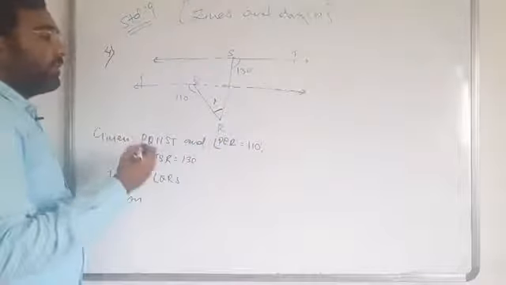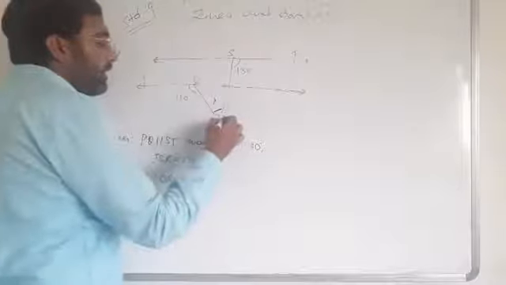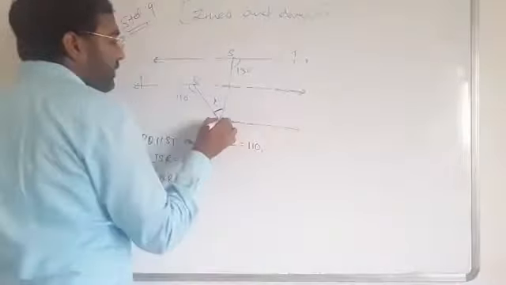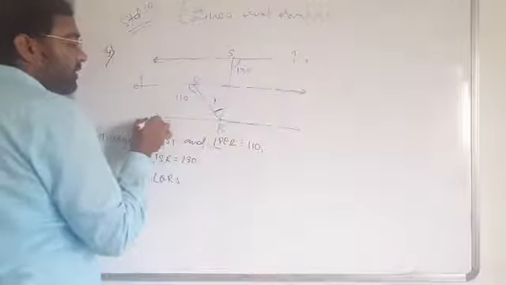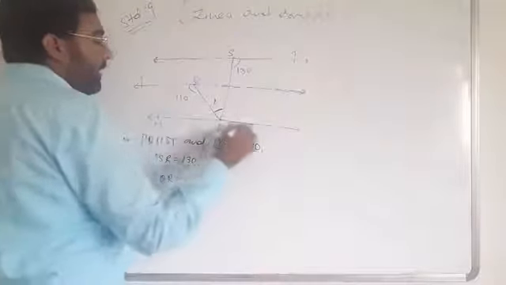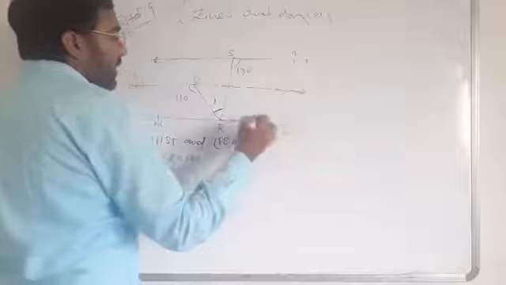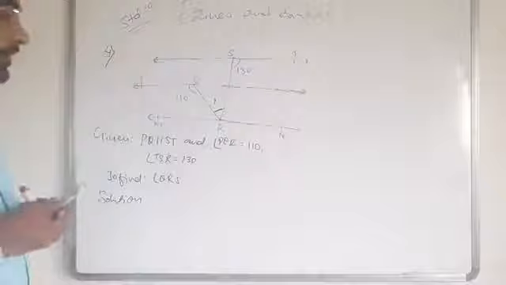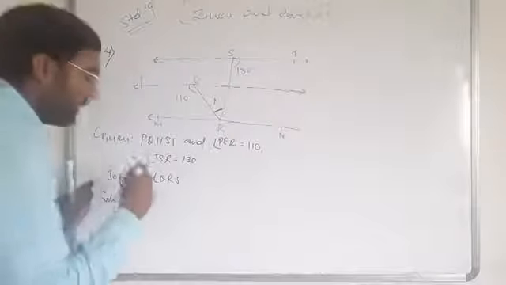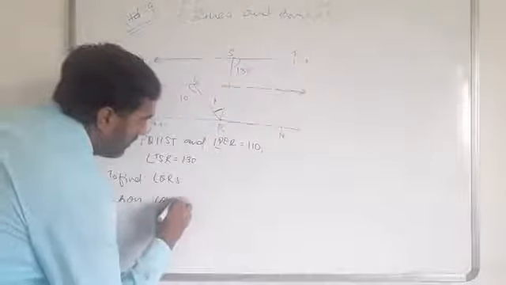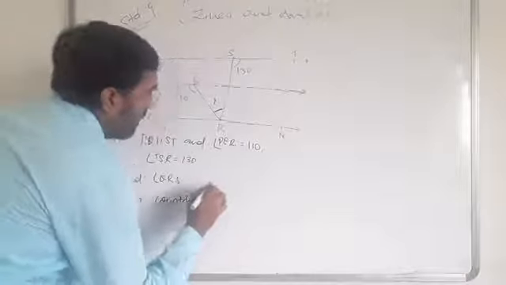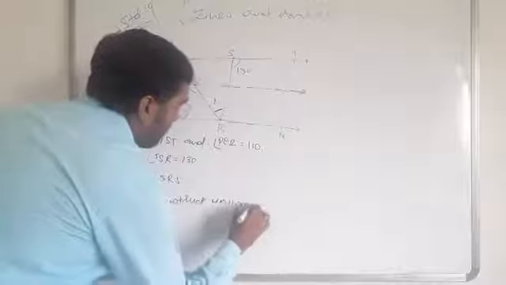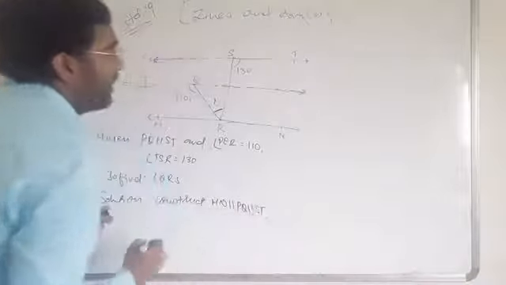We also draw one extra line that is parallel to both of these, and I'll name it M and N. So first I'll write: construct MN parallel to PQ, parallel to ST.